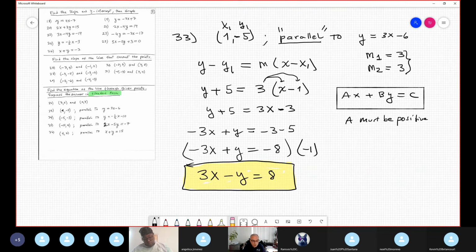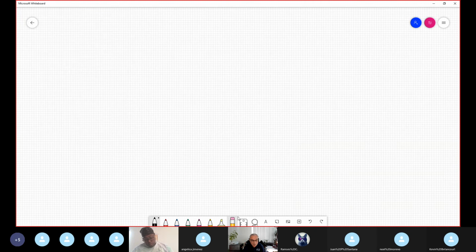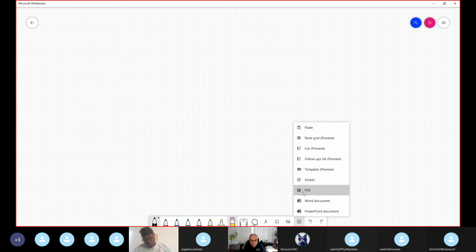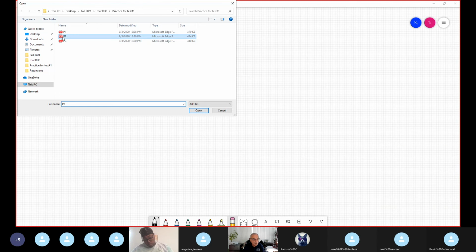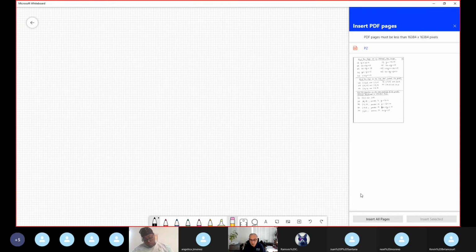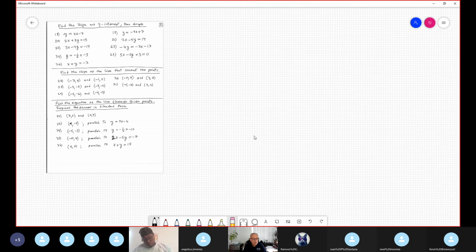let's move on to 34. Okay, page 2. Insert the page. 34 now. 34 says the point given is -5, -3, semicolon, parallel.